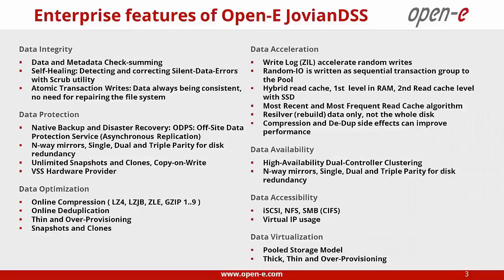So let us go also to the chart which I'm showing every time. Jovian is very rich in features, and we have sorted them by data integrity, protection, optimization, acceleration, availability, accessibility, and virtualization.